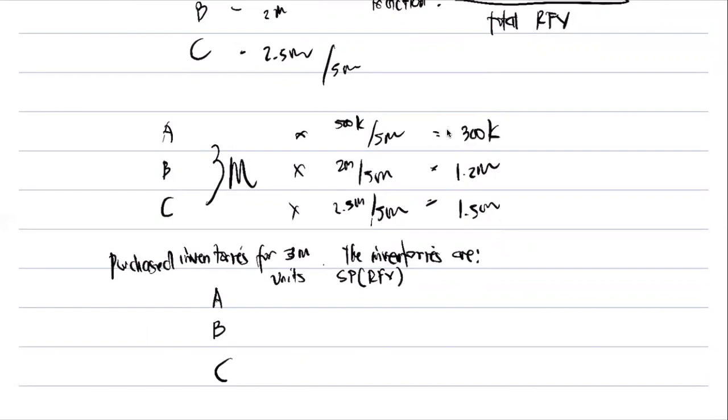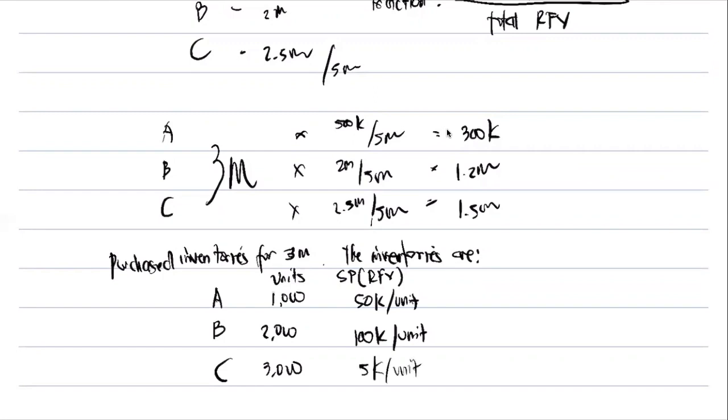Let's say letter A is composed of 1,000 units, letter B is 2,000 units, letter C is 3,000 units. Letter A is 50,000 pesos per unit, this is the selling price. B is 100,000 per unit, and C is 5,000 per unit.